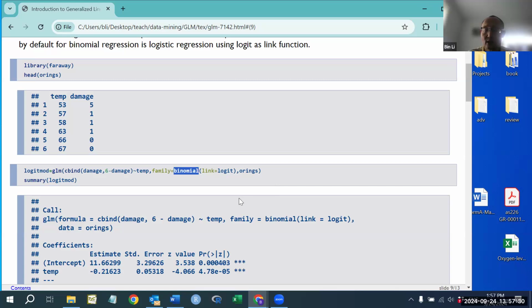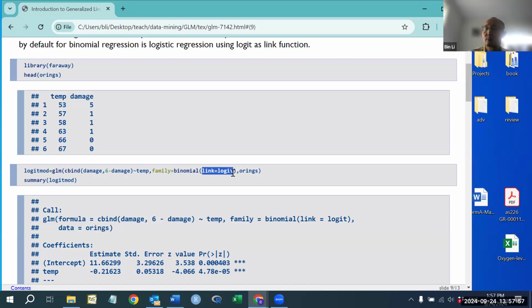The link function is logit, so within the binomial, link equals logit. You may ask, what if I didn't specify the link as logit? That's fine for the logistic regression, because if you only specify the binomial without the link, it's still using logit, because the logit link is the default.